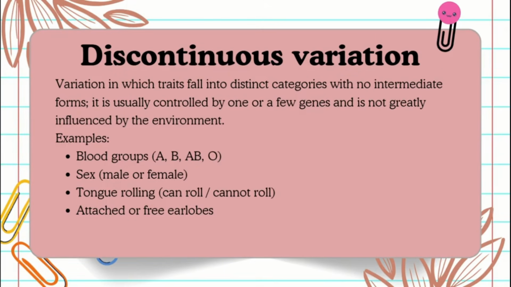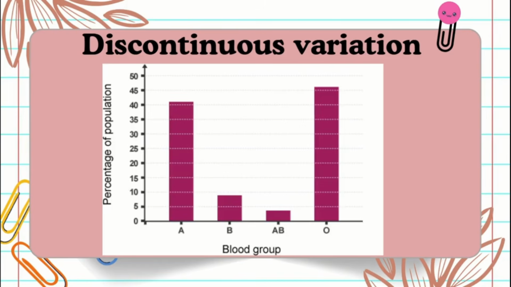With discontinuous variation, there are clear-cut categories, for example blood groups, meaning that you're either A, B, or O. There's no A-ish, there's no B-ish, there's no AB-ish. You have to fall into one of the categories. Even with your gender, you have to be either male or female. There's no in between. Either you can roll your tongue or you can't. Either your earlobes are attached or they're not attached.